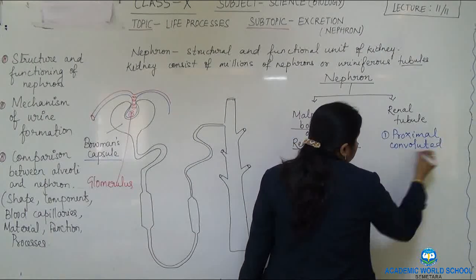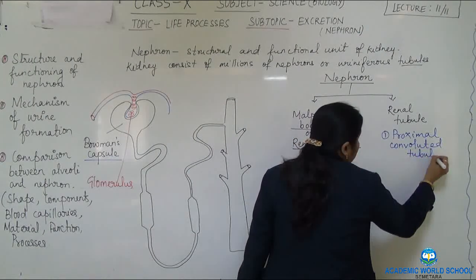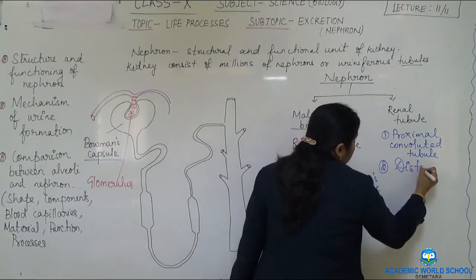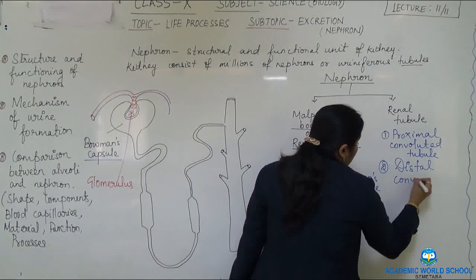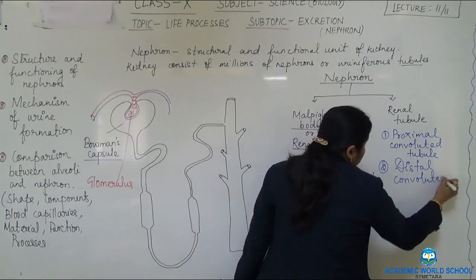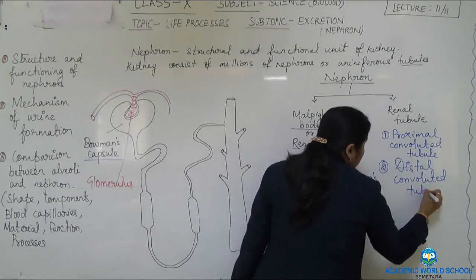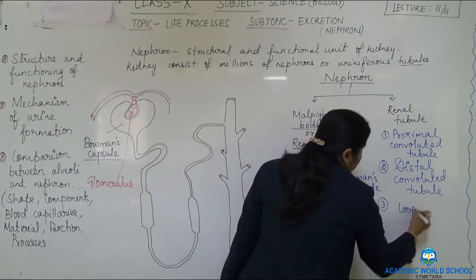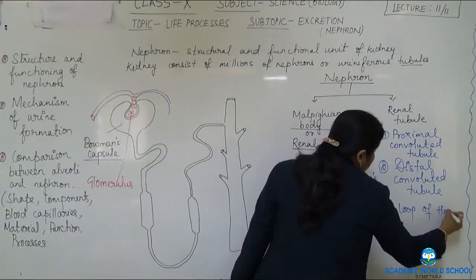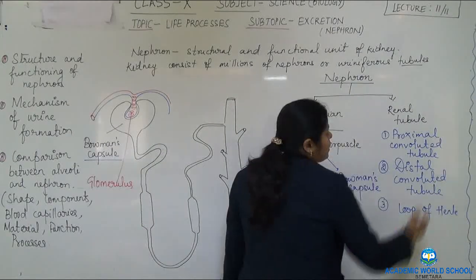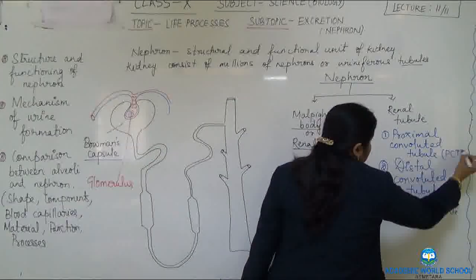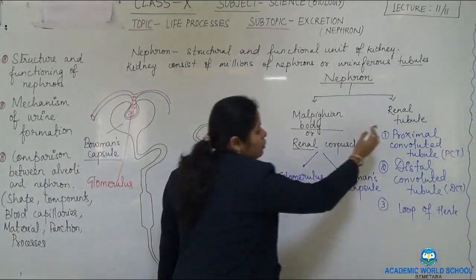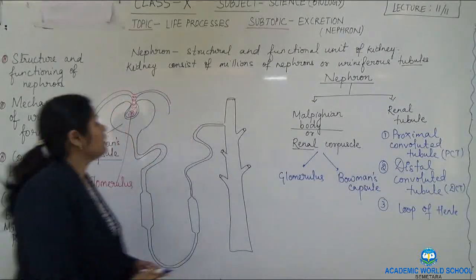Second one is the distal convoluted tubule, and the third one is loop of Henle. It is also called Henle's loop. Now see, in short we write PCT. In diagram I will write down the abbreviations. It is DCT.